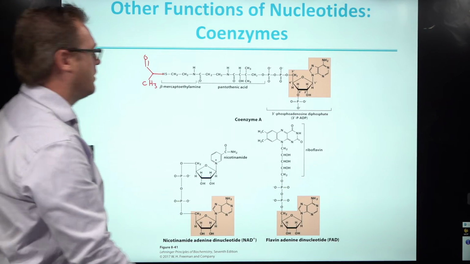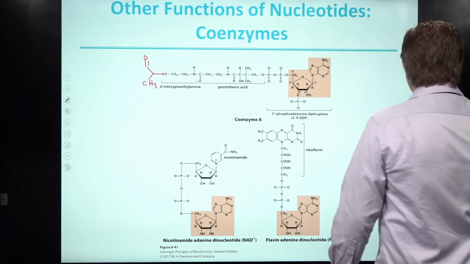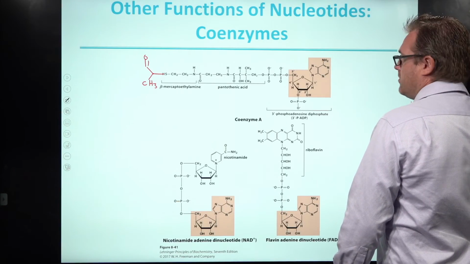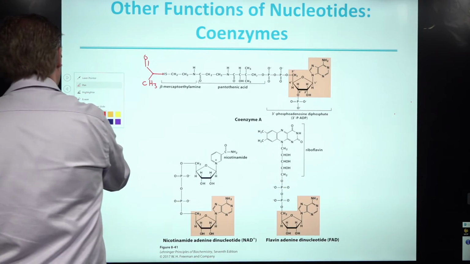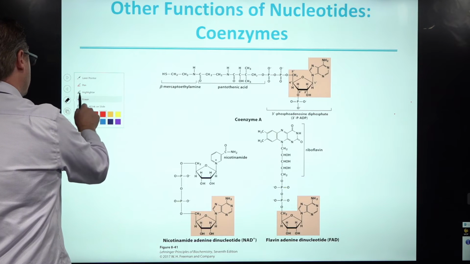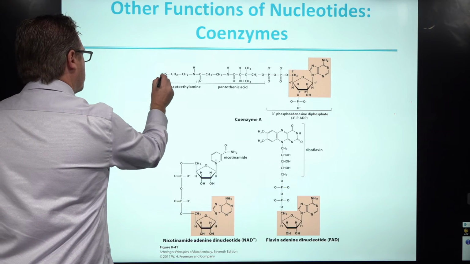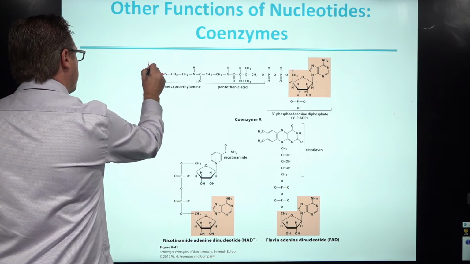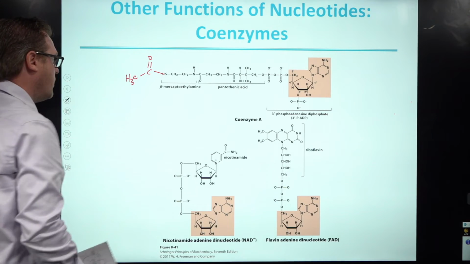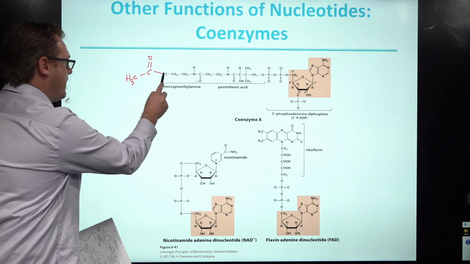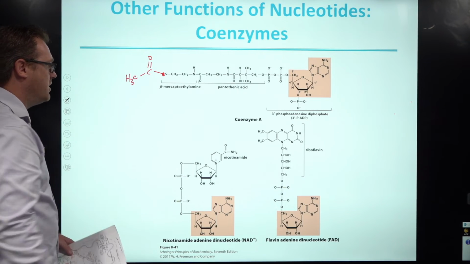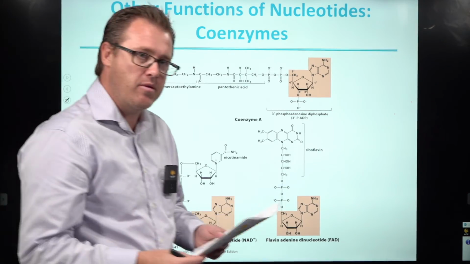That is not correct. Let's fix that. We will attach a carbon like this, CH3, like that. Okay, so we have this acyl group. So get rid of that hydrogen. Now it's just the sulfur attached to the carbon right there.